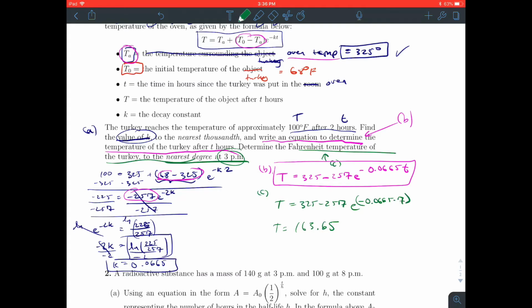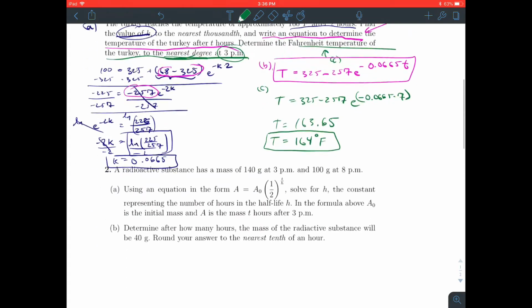And I think that looks good, but we were supposed to round it to the nearest degree, so it should have been 164 degrees Fahrenheit. All right, 3 parts of this problem. It's a tough one, but I think we got it.